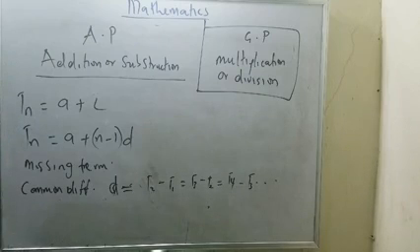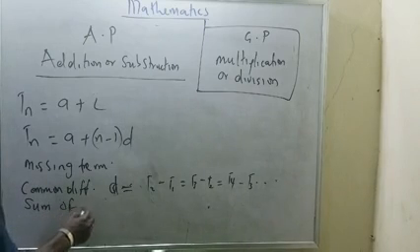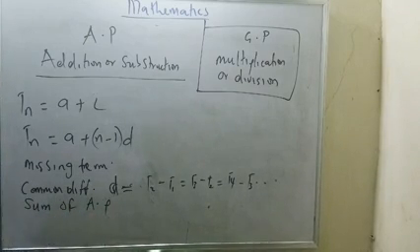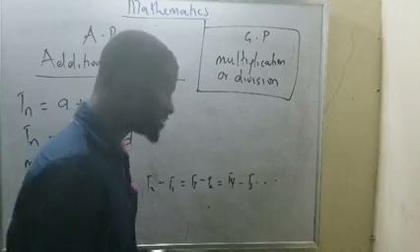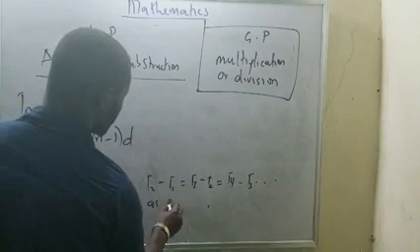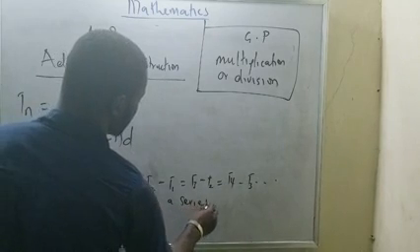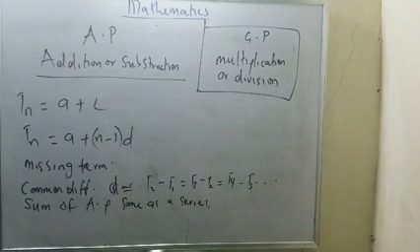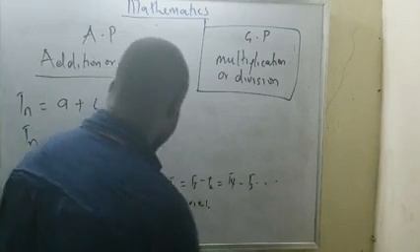And I moved on to the sum of AP. I said that the sum of AP is the same as a series, that we are summing up at this point.